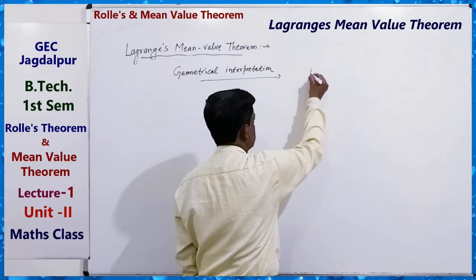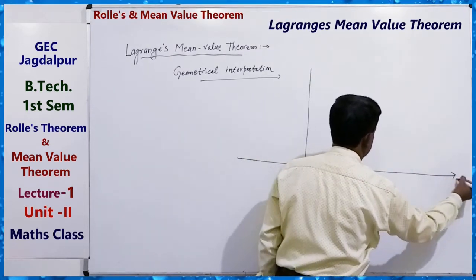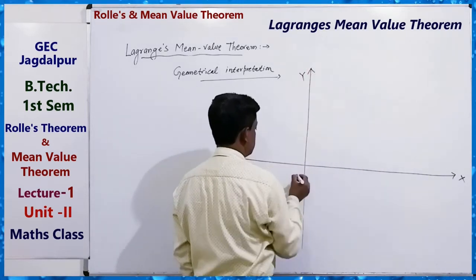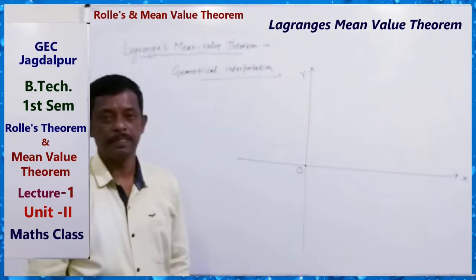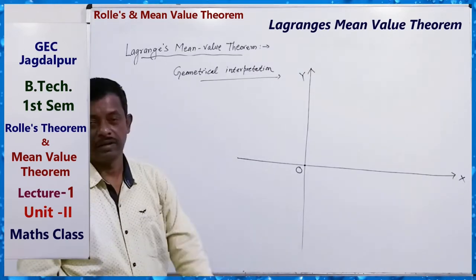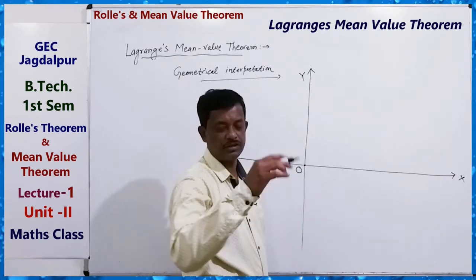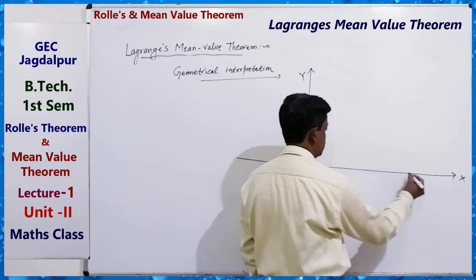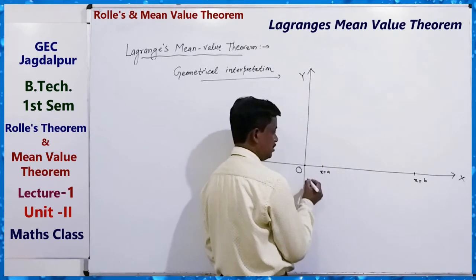Just suppose this is y-axis, this is x-axis, this is origin. Clear? Now, condition is what? Continuous from A to B. This is x equals to a. This is x equals to b. Okay.